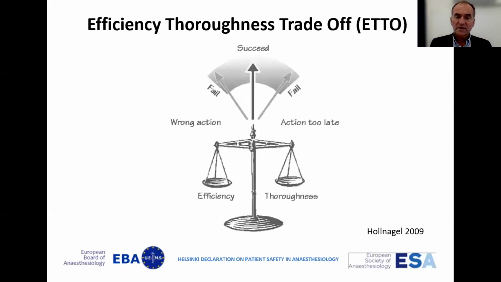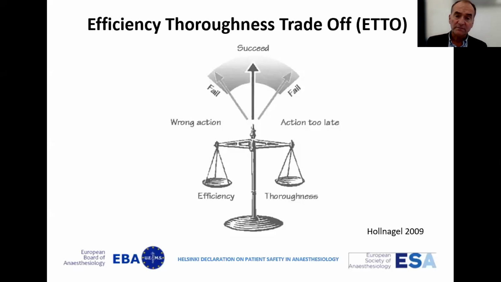Hollnagel made this illustration of this efficiency thoroughness trade-off, the ETTO principle. And according to him, if we are too thorough, this scale would tip to the right side, because the action would come too late, so it would be a failure.